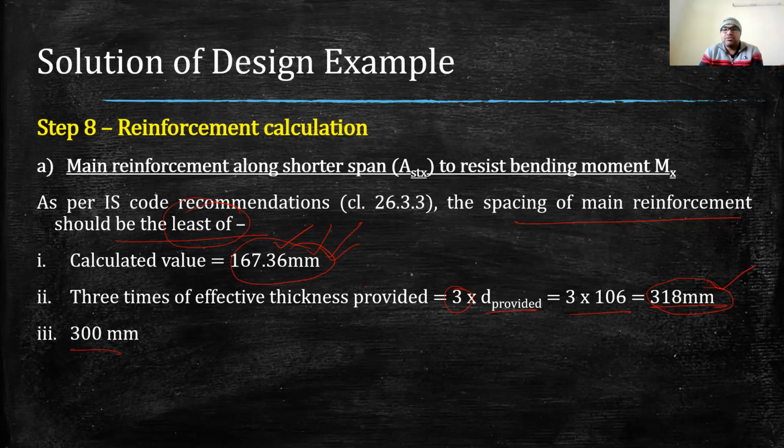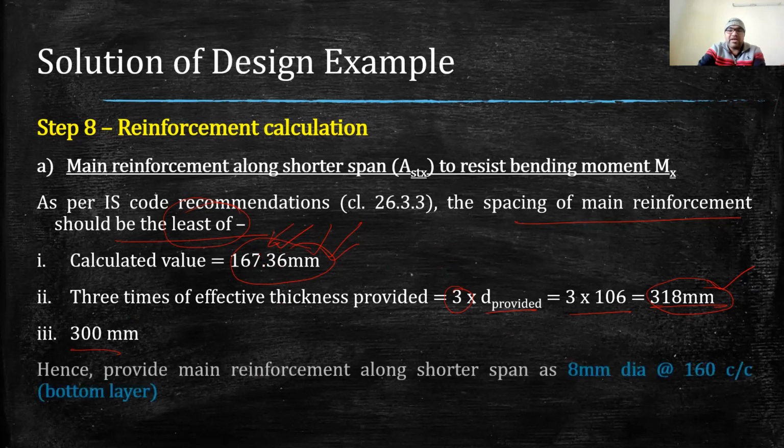Because if we have less spacing, the number of reinforcement will be more. If we have more spacing, the number of reinforcement required will be less. So therefore, the reinforcement that we are providing will be less than required. And if we take the less spacing, it will be more than required. That is what we are expecting here. And that is why generally we round off the value to the multiple of 10.